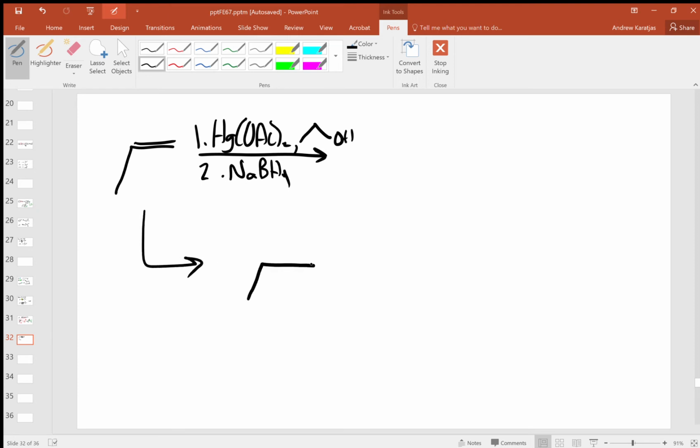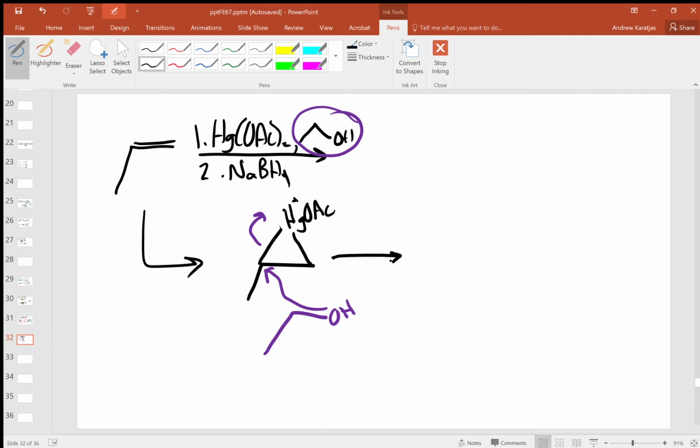But when we get to the point where we want to open up this three-membered ring, remember this is the step that makes the alcohol. And the reason it made an alcohol was because we had water to function as our nucleophile. Well, now there's no water present. Instead, we have ethanol. And so ethanol can also function as the nucleophile to open up the three-membered ring.